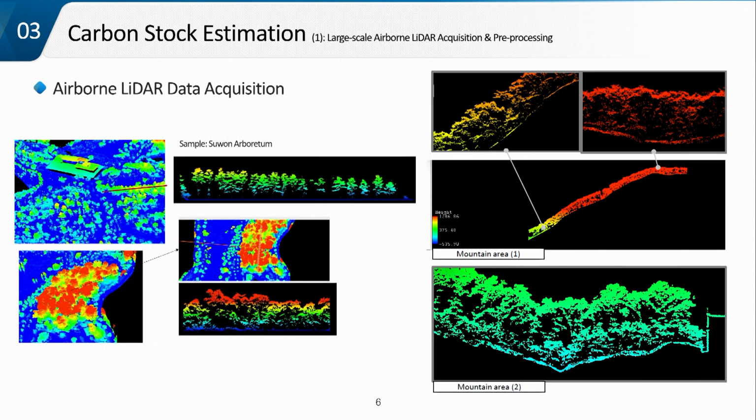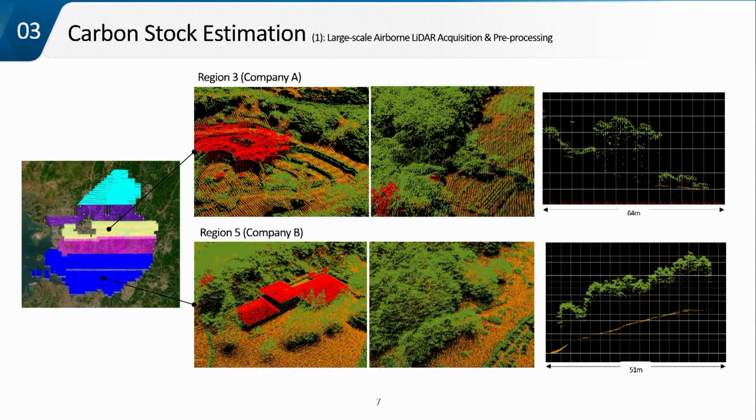As you can see in this cross-section view, the point density is quite high, enough to describe the detailed topography and the shape of individual trees. Quality check was an important stage because different companies in different places must show the same quality.